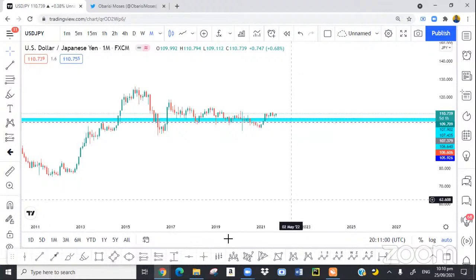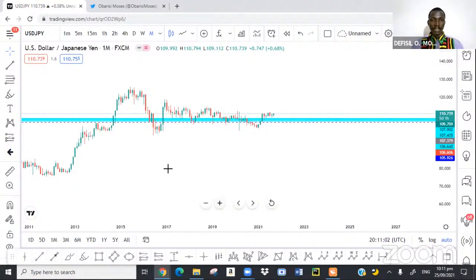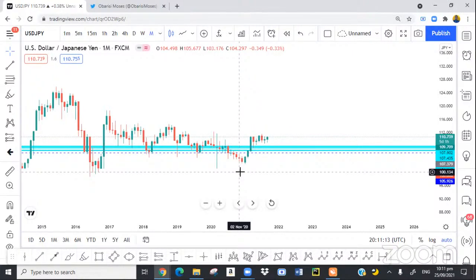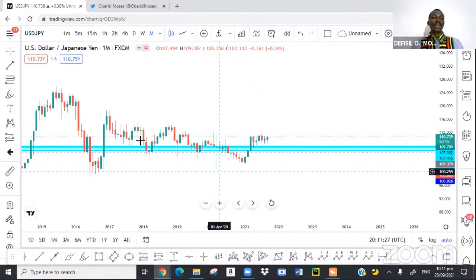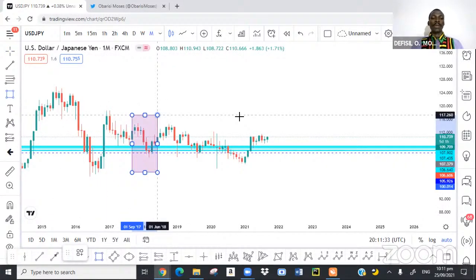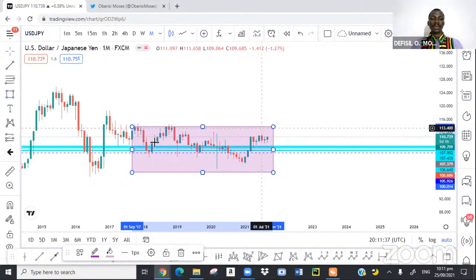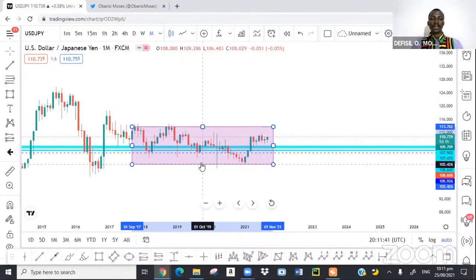On the monthly time frame, you can see that this market is in an uptrend from a previous downtrend. It has changed to an uptrend, but with some element of overall range. Now, why am I saying range? If we plot our rectangle tool out, we'll see something like this.